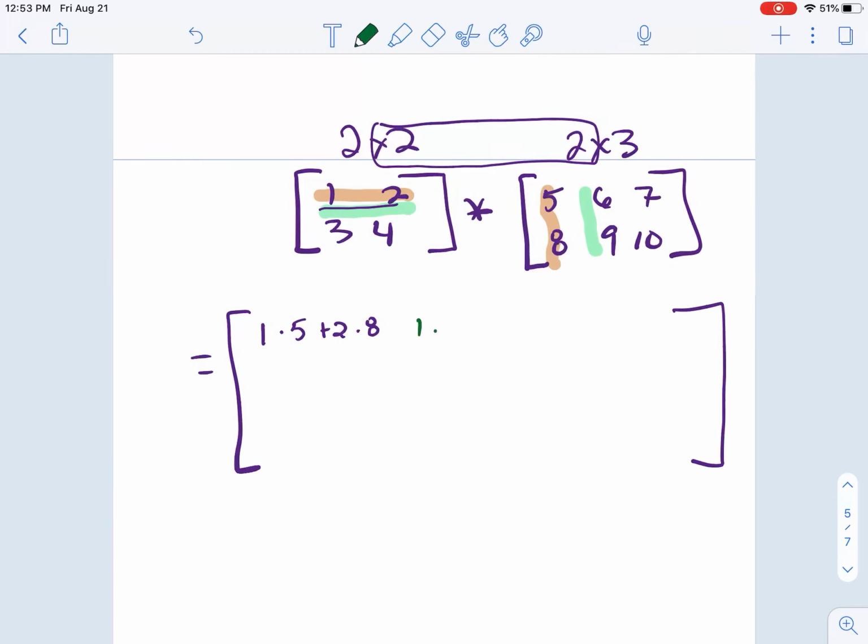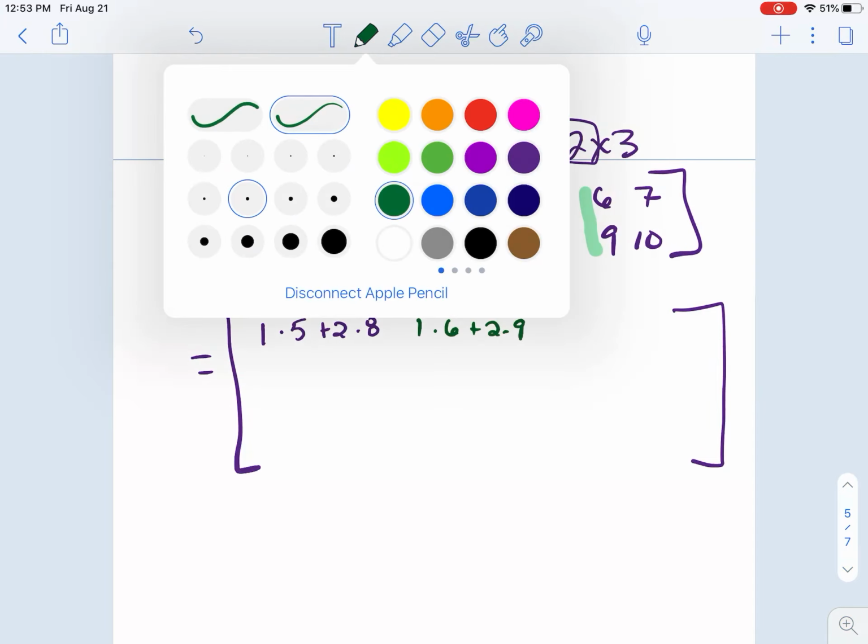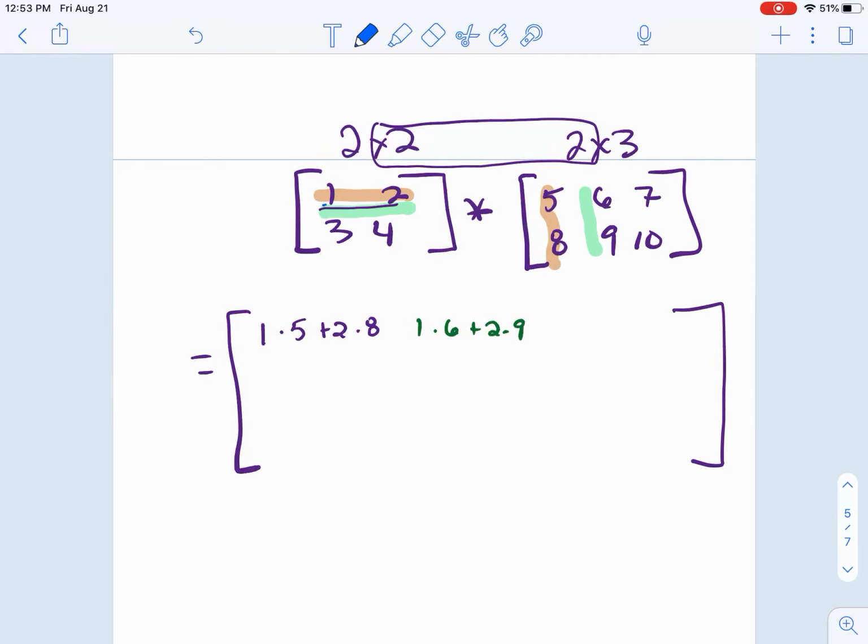So now I have 1 times 6 plus 2 times 9. Now I'm going to do this first row with the last column. So I have 1 times 7 plus 2 times 10.